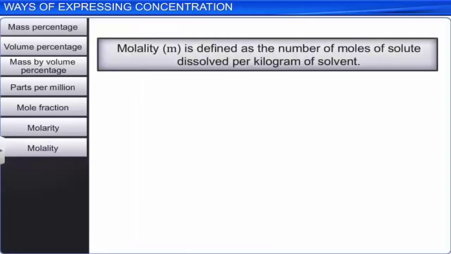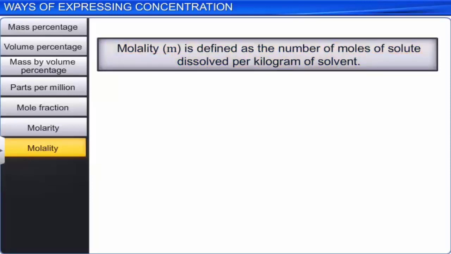Another very important method of expressing the concentration of a solution is molality. It is represented by small m. Molality is defined as the number of moles of a solute dissolved per kilogram of solvent.